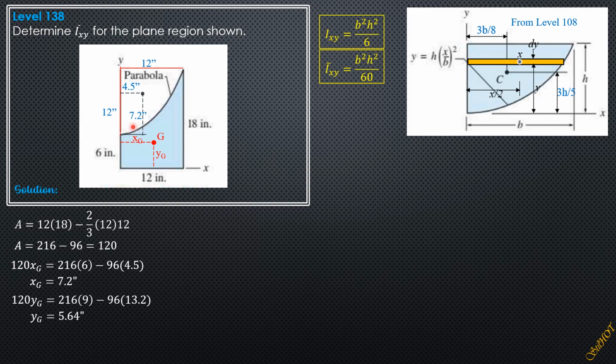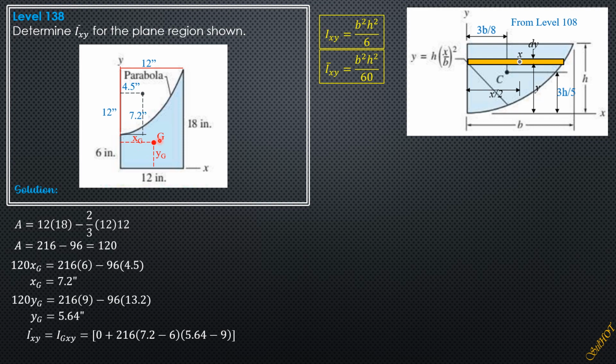Then we transfer. So I bar xy equals IG xy. This is for the rectangle with respect to the centroid, 0. The area of the rectangle is 216. Xg, to make it consistent for the entire region, is 7.2. Then the x of the parabola is 6, so minus 6.